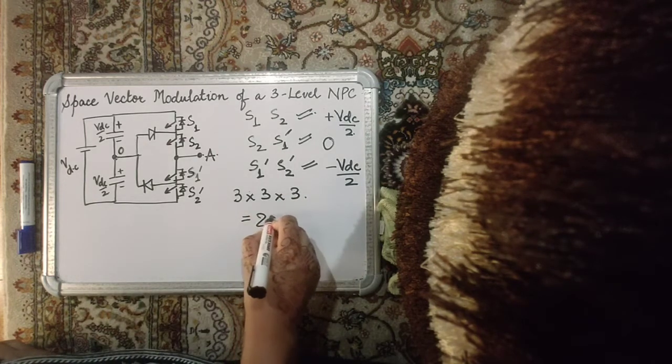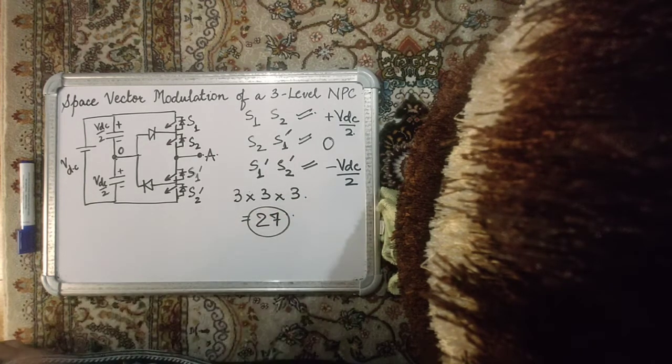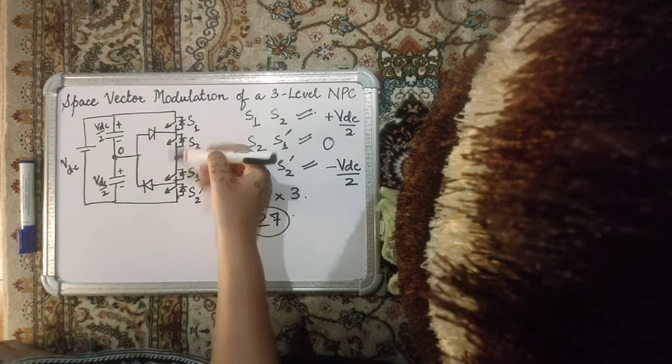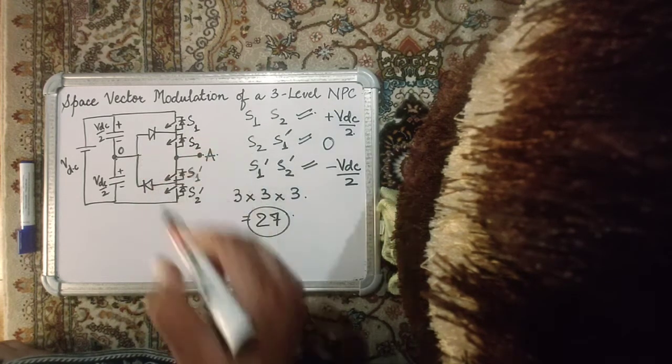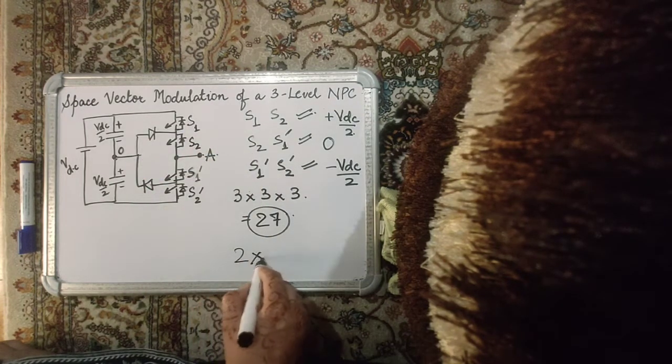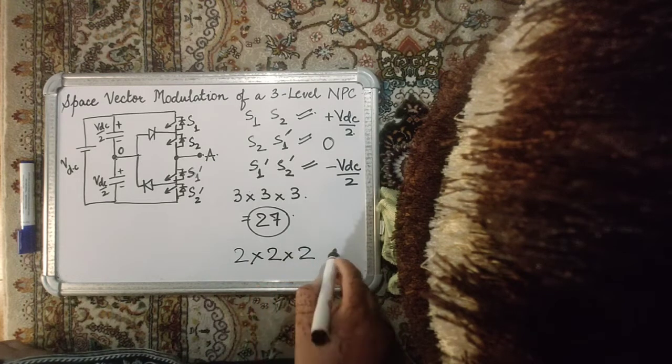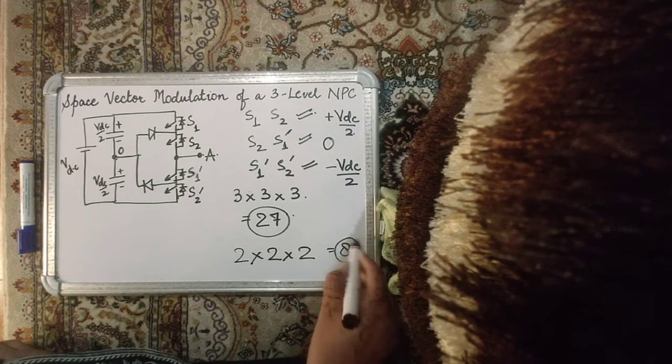which makes it a total of 27 switching states. If you remember and compare it with the standard 2-level voltage source inverter, or 2-level VSI, there you had a total of 8 switching states. One leg had 2 switches, so 2 switching states, and 2 into 2 into 2 gives a total of 8 switching states.